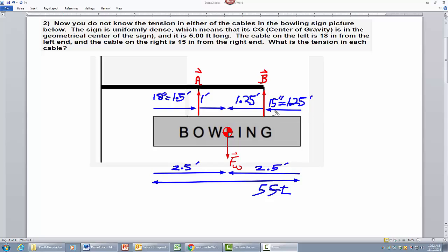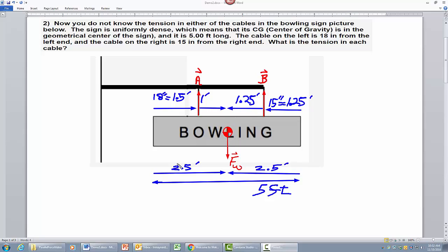We're also given that the right supporting vector, B, is 15 inches or 1.25 feet from the right end of the sign. Since this is 2.5 feet and this is 1.25 feet, vector B acts at a point that is 1.25 feet from the center of gravity.